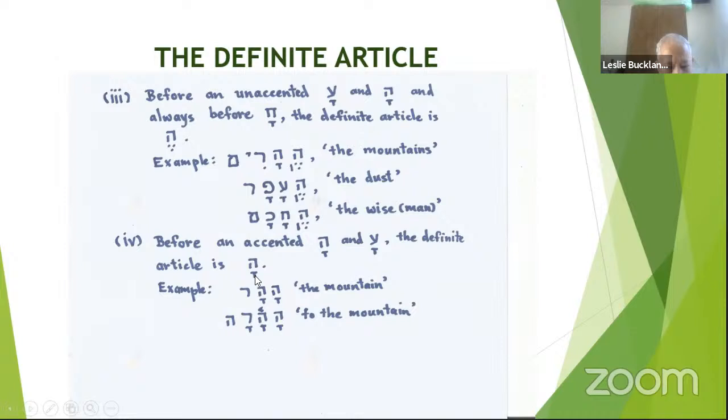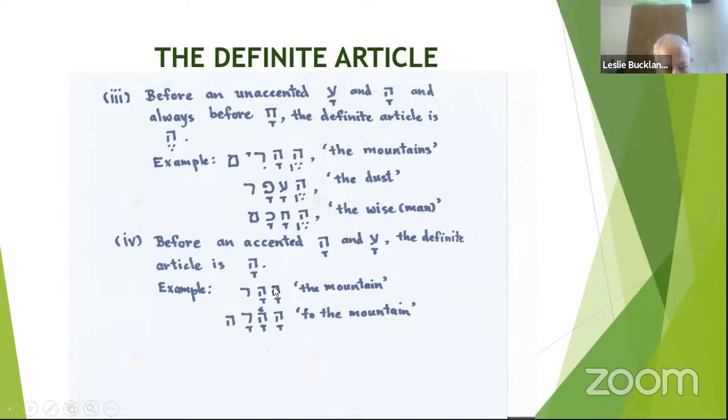That is, it has the long ah sound, the kamis, the ah. For example, hahar. Har itself means mountain. And when you put the definite article before the accented ha, it should have a change of the vowel from a pathak to a kamis.